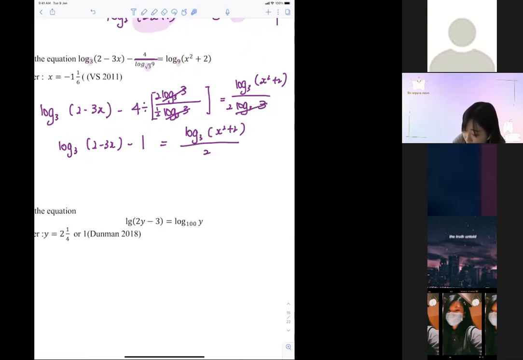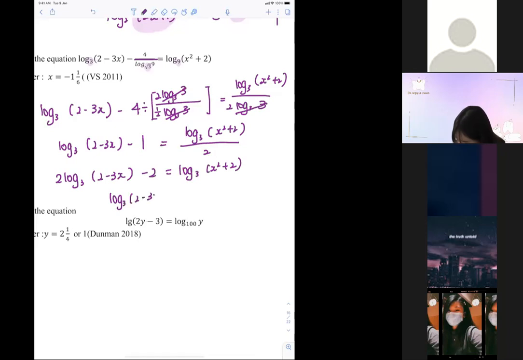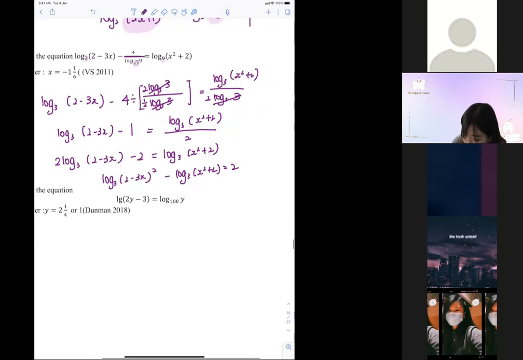Okay, then if you don't like the 2 at the bottom, everything times 2. Remember what I told you? Log one side, no log one side. So I bring the power up as well because later on I need to combine. Okay, then we can combine already.